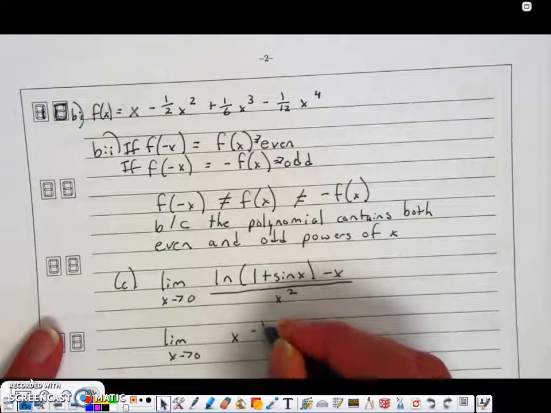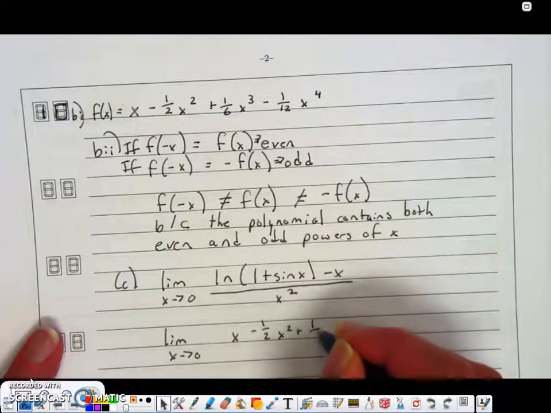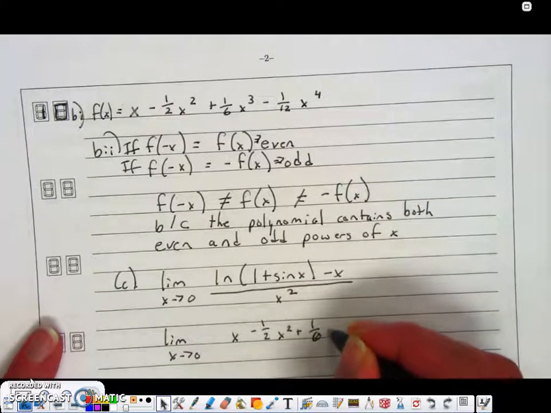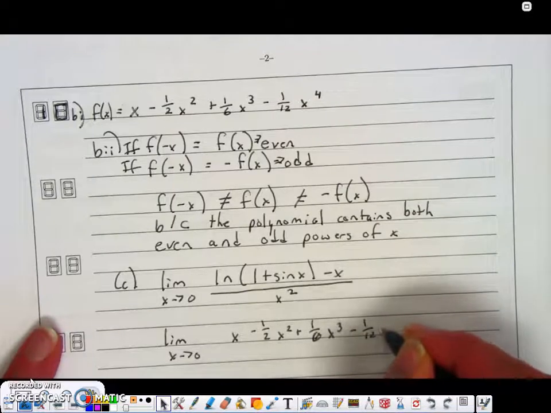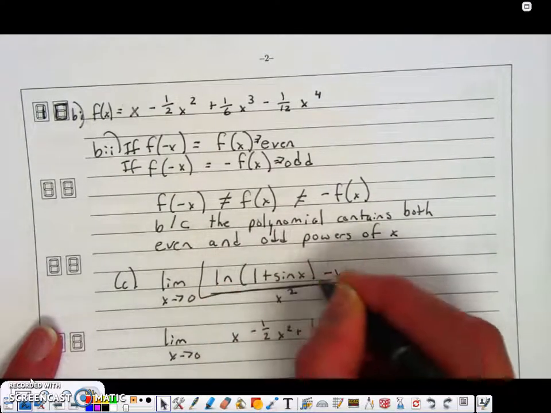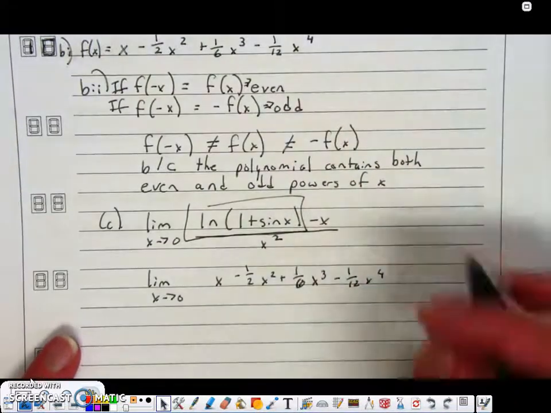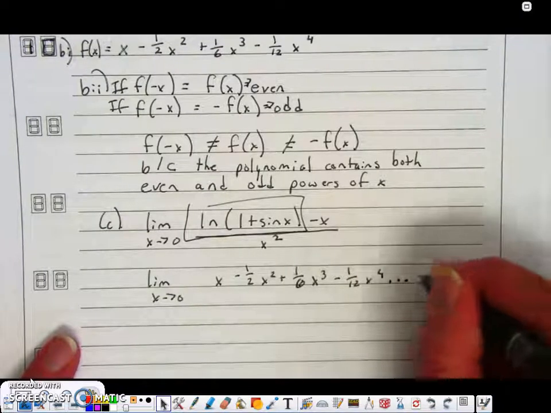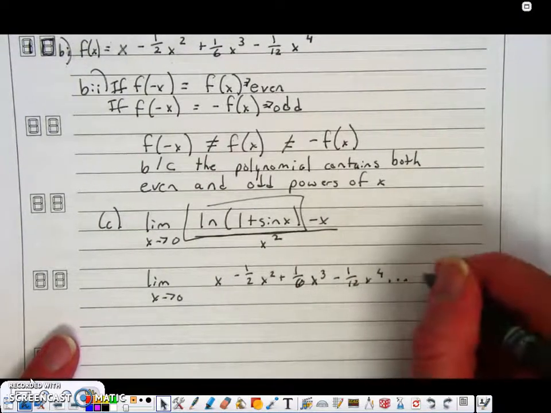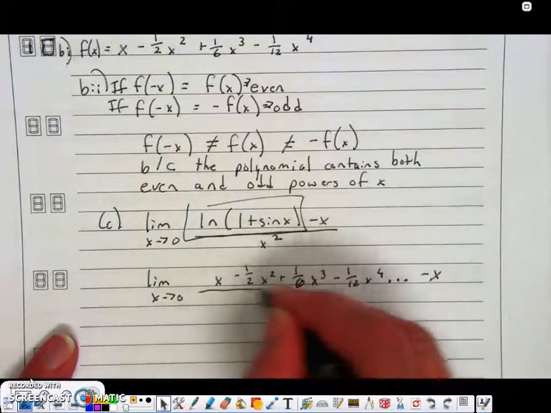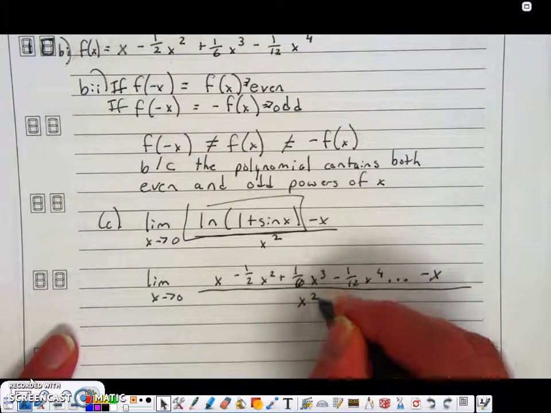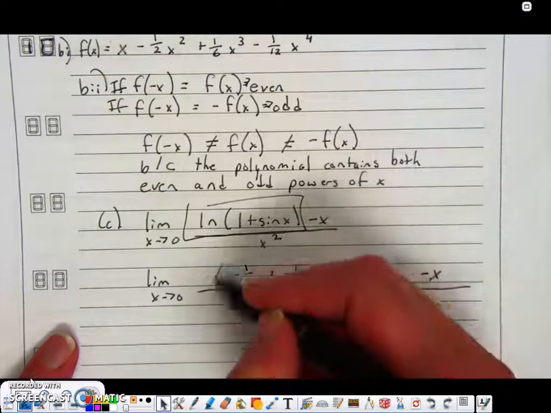You could put in the approximation you got in place of this ln of 1 plus sine x. Now you need to indicate this is dot, dot, dot, because the power series really goes on infinitely. Minus x over x squared. Well, what would happen?